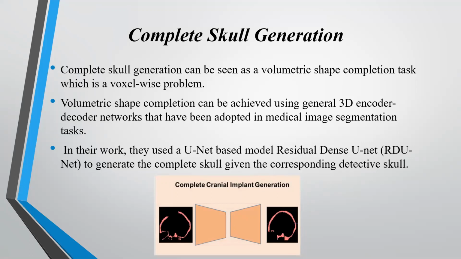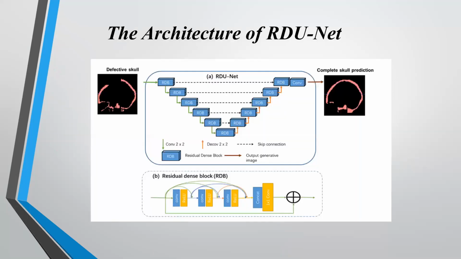RDUNet was mainly used because it improves the super resolution performance of the MRI acquisition. So coming to the architecture of RDUNet, six RDBs are used for downsampling and six groups of deconvolution plus RDBs are used for upsampling.